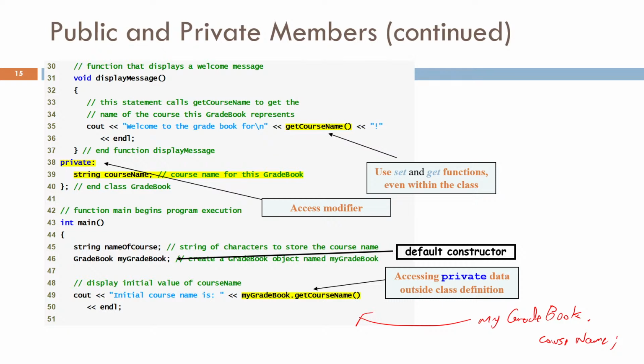This is not going to work because first of all, we're in our main function, we're not within our class, and courseName has the private access specifier.